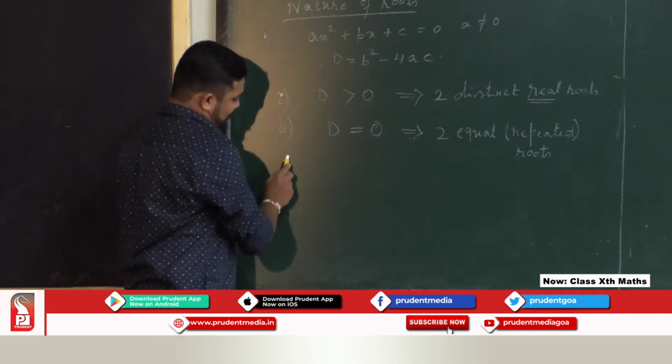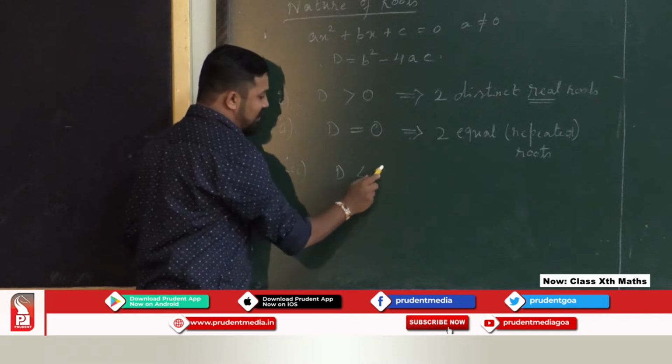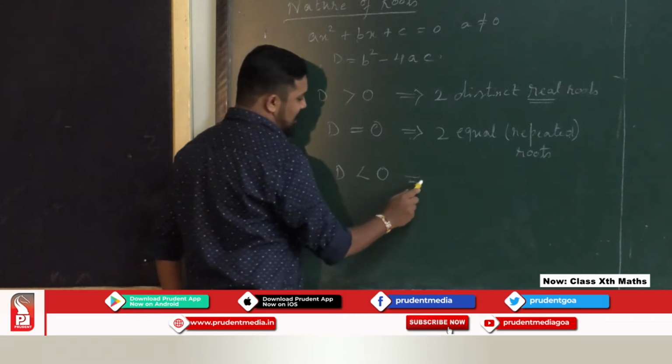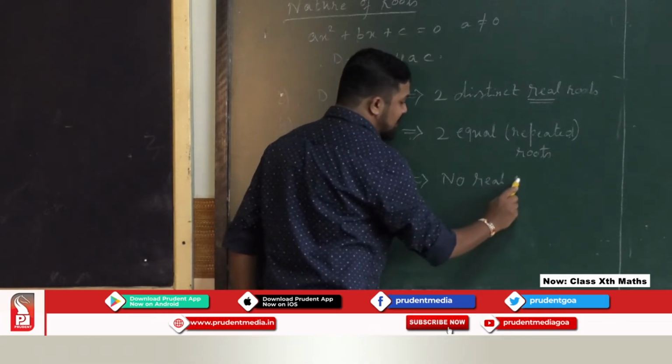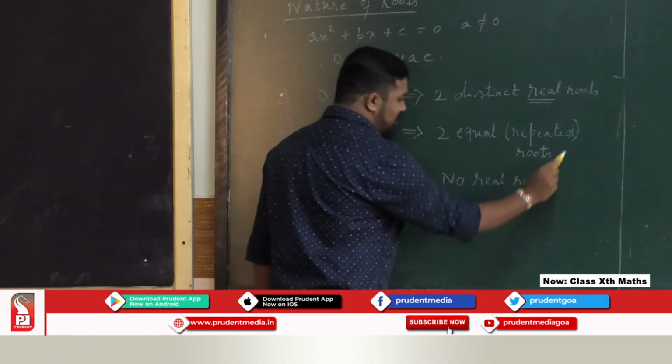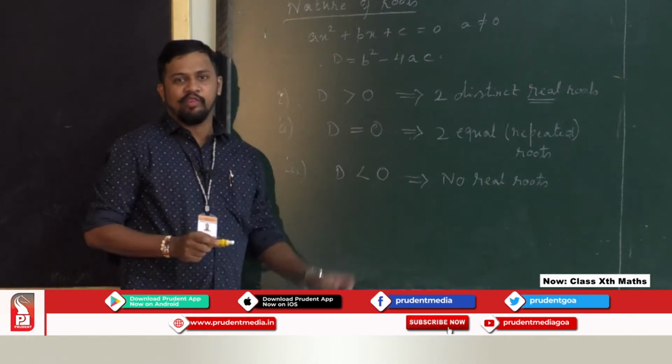And the third will be D less than 0, no real roots. See, these are the three natures of the roots.